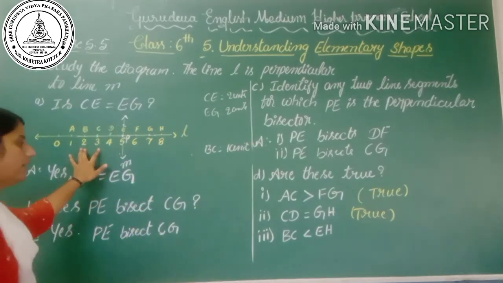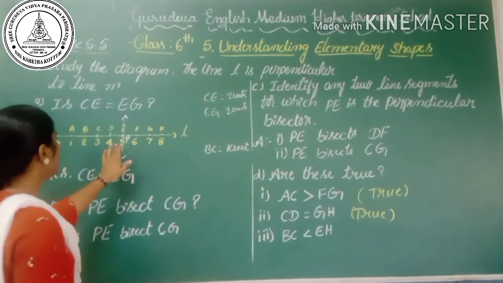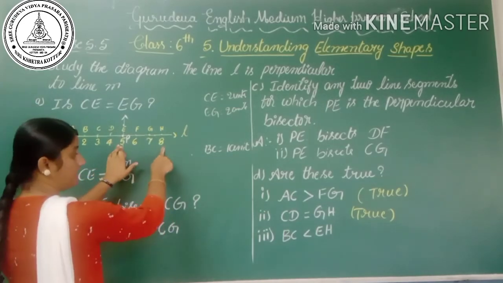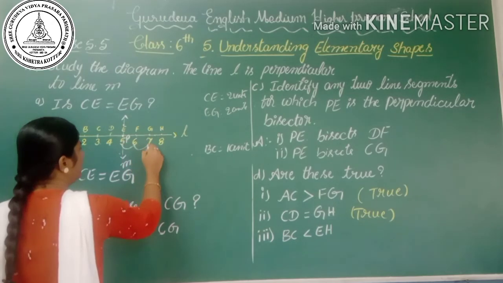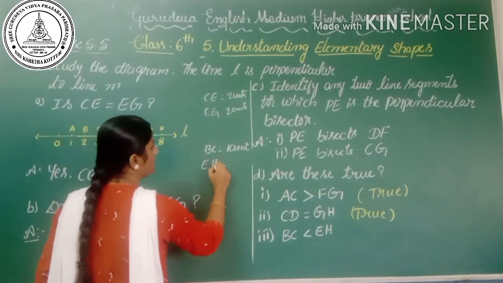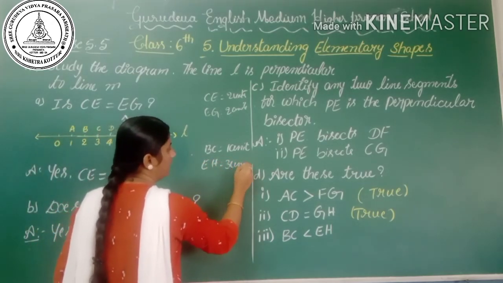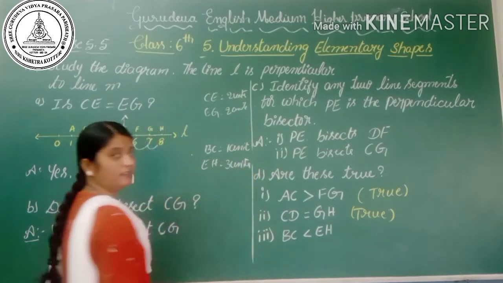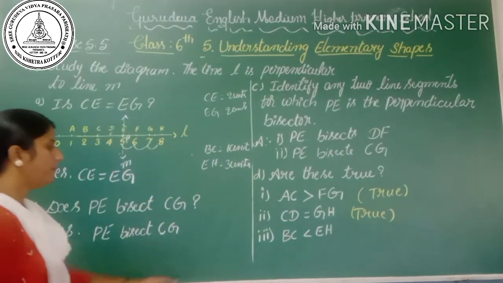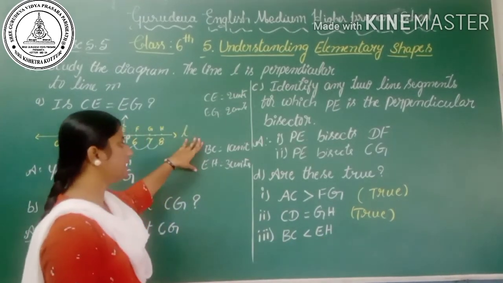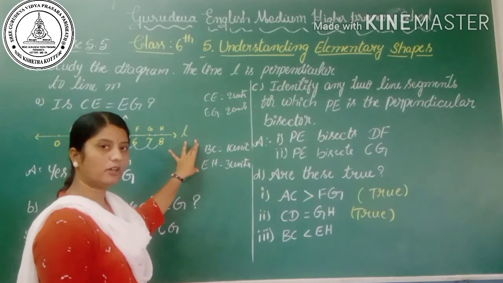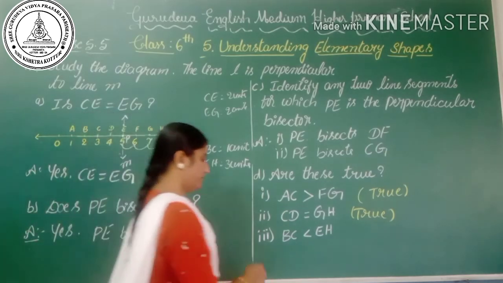BC is equal to 1 unit. And what is the distance between E and H? It is 1, 2, 3. EH is equal to 3 units. Then BC is less than EH. Is it true or not? Yes, it is true.